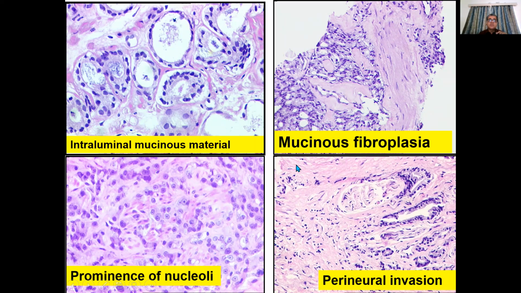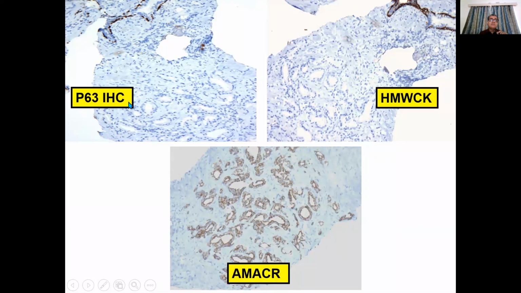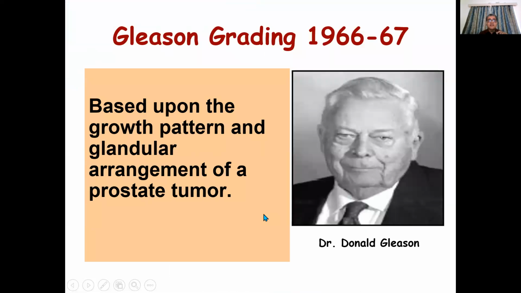So these are the pathological features which we look for. And sometimes we resort to absence of basal markers P63 and high molecular weight cytokeratin. In the malignant foci, these are absent as compared to the normal foci where they are present, and positivity for AMACR, which is a fatty acyl enzyme, in the malignant glands.